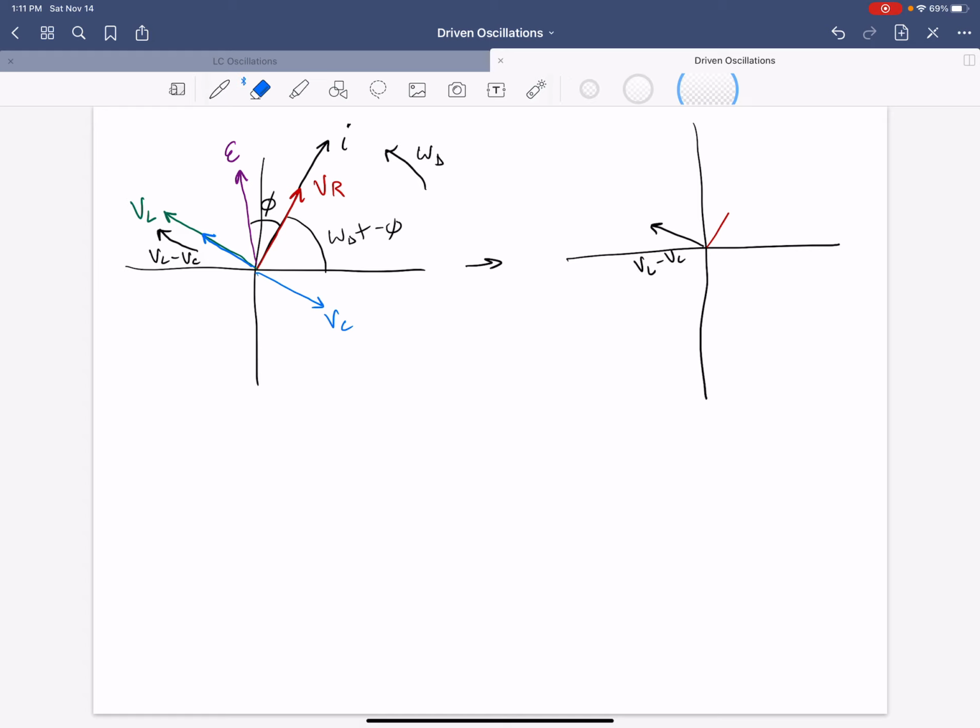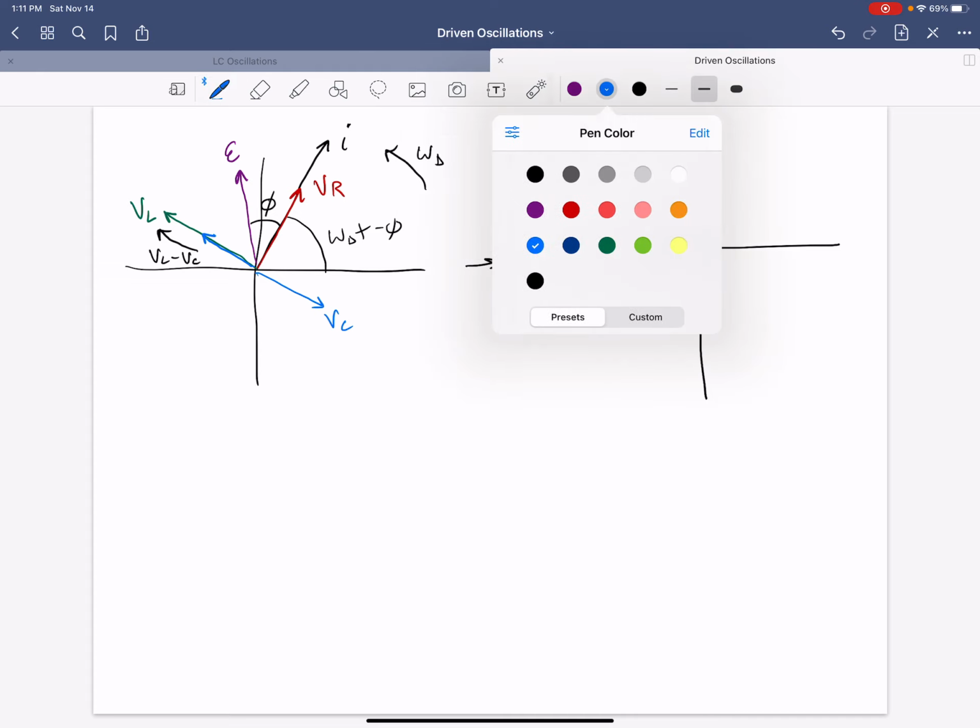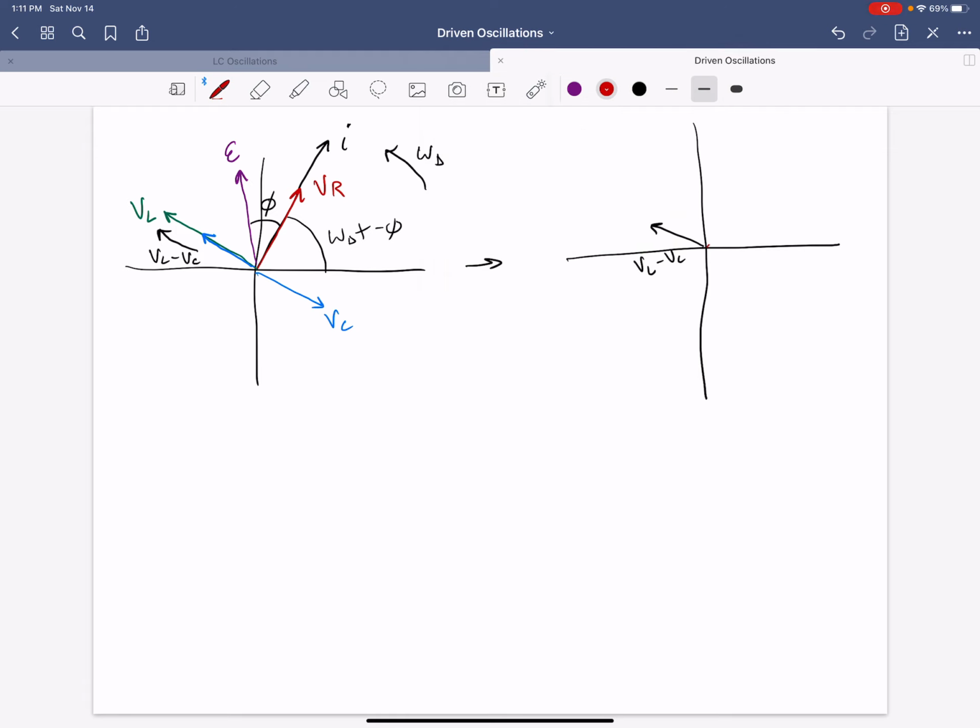It looks like my EMF will be on the line. I don't want that, so let's do red. There we go. Now in purple, we can do the EMF. It should be a little bit longer.